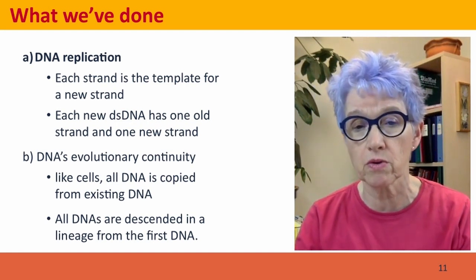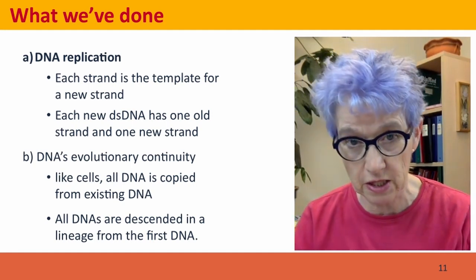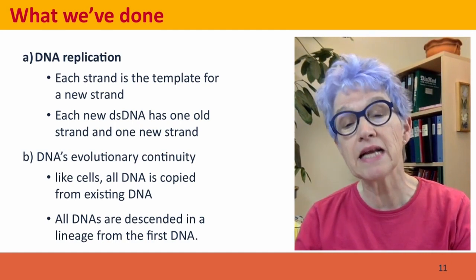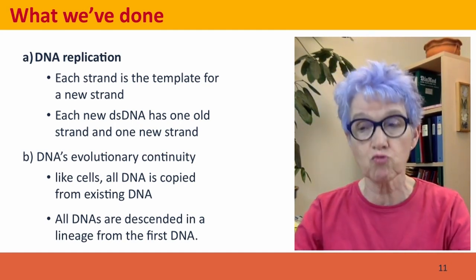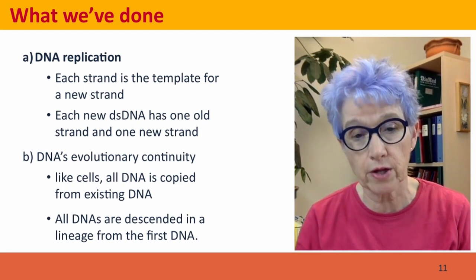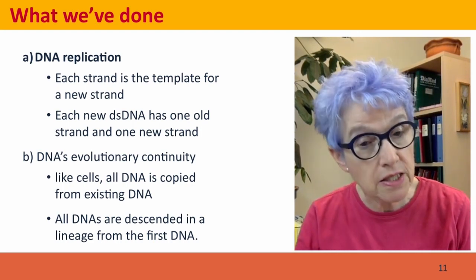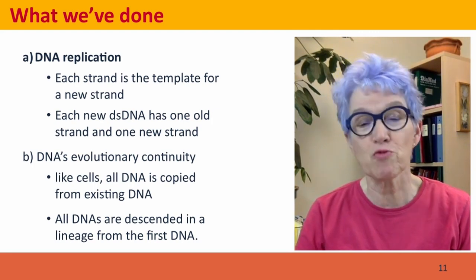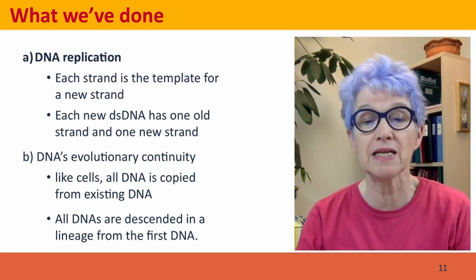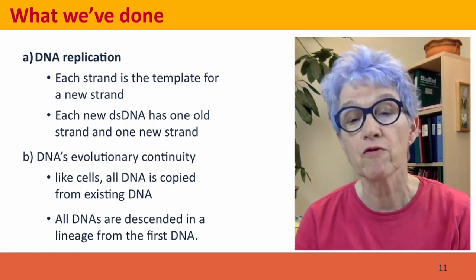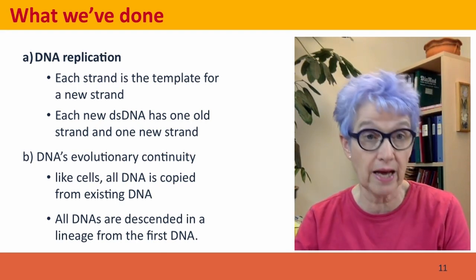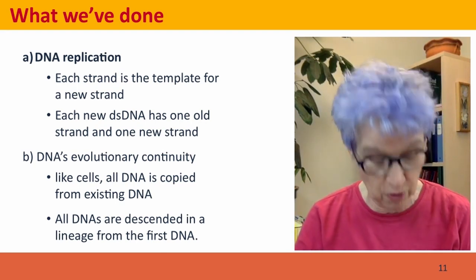Every DNA molecule arose by replication of existing DNA. And this means that DNA's information is in some ways a record of evolutionary changes in DNA all the way back to the origin of life. And because DNA is the hereditary material that specifies all the properties of life, this makes it an enormously valuable resource for understanding our evolutionary history. We'll talk more about this at the last lectures in this module.